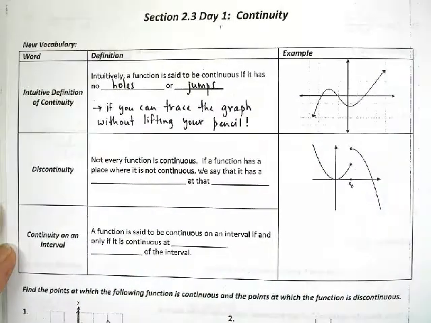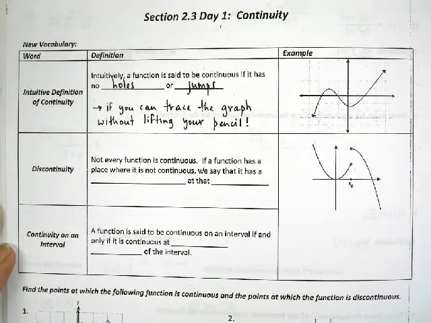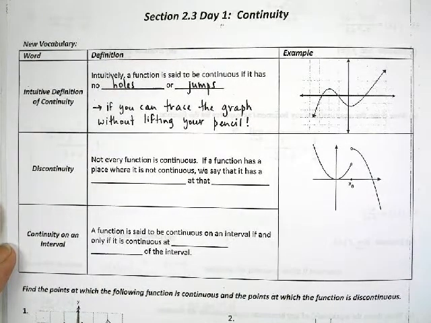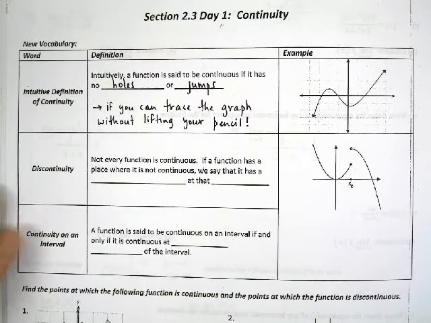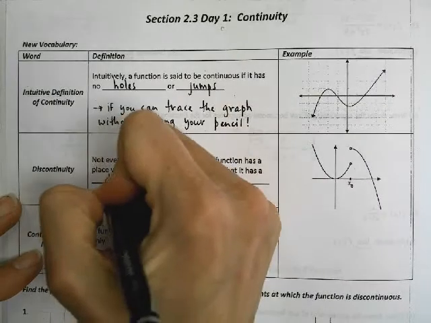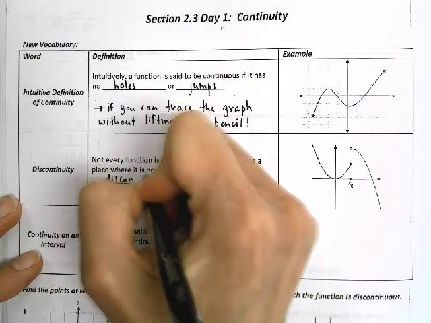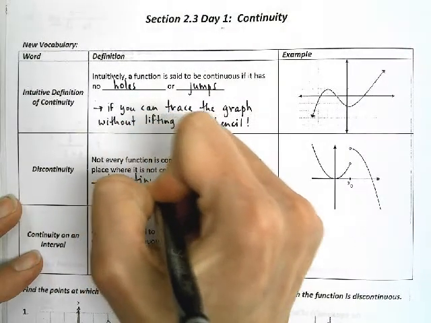Okay. Now, obviously, not every function is continuous. So if a function has a place where it is not continuous, we say that it has a discontinuity at that point.